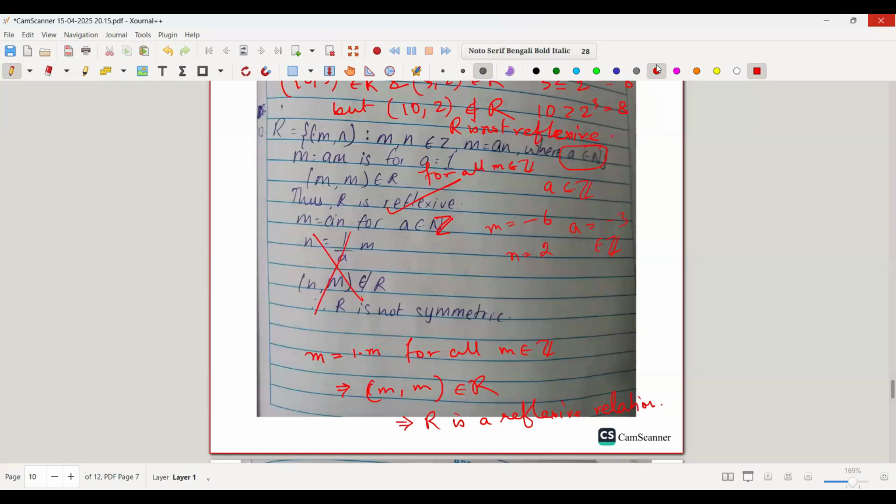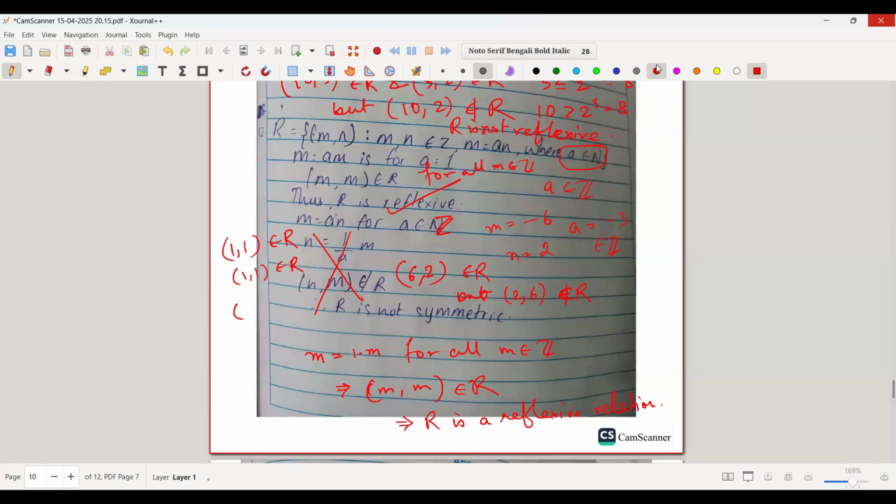Give one example, which is (6, 2) belongs to R, but (2, 6) does not belong to R. Because (1, 1) belongs to R, this is something reflexive type.